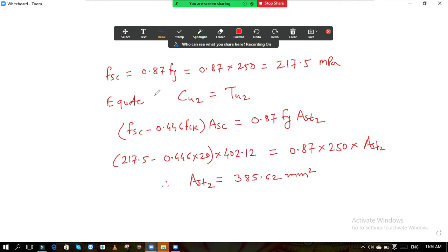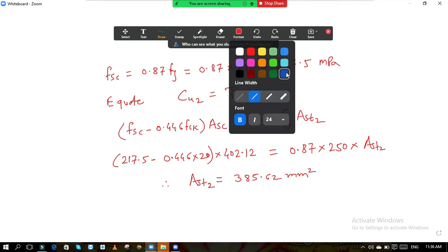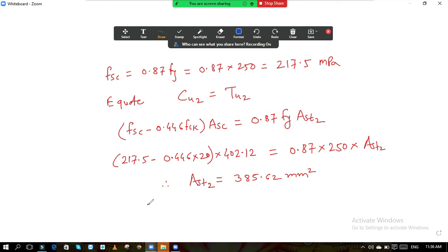But we know the total area of steel, that is AST. Total area of steel is nothing but AST1 plus AST2. We know the total area of steel, 4 bars of 25 mm diameter. The AST2 value you have now calculated is 385.62. So you can calculate the value of AST1 from this.